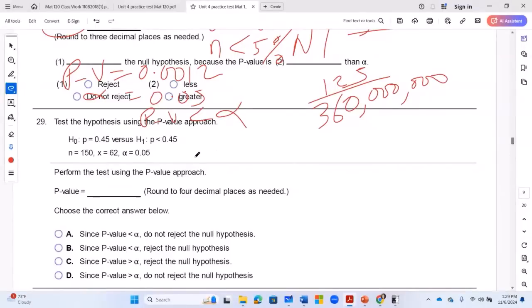Suppose I'm doing number 29. Notice that number 29 is a left tail test. So they're almost the same, except that this test, the status quo, is a left tail test. If the status quo is a left tail test, I have to draw a normal curve and the left tail test and do exactly what I just did.